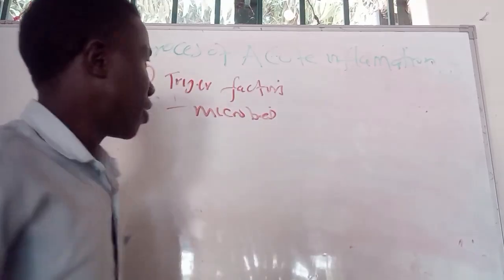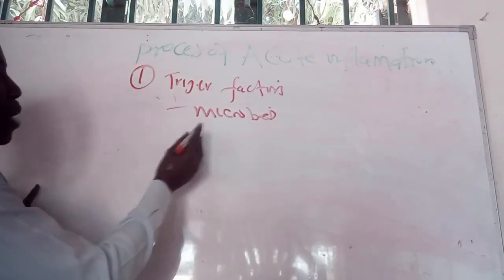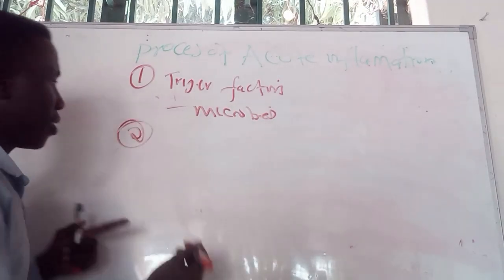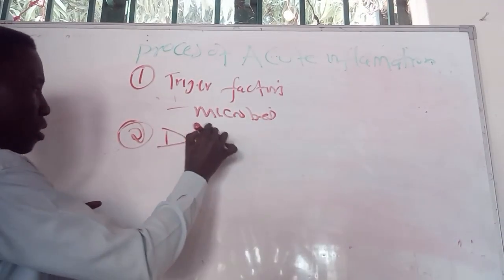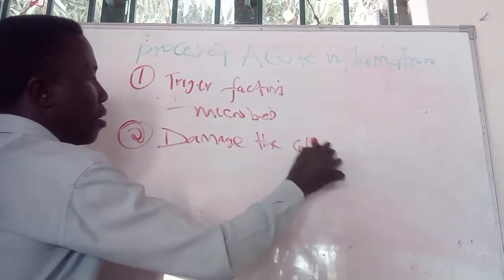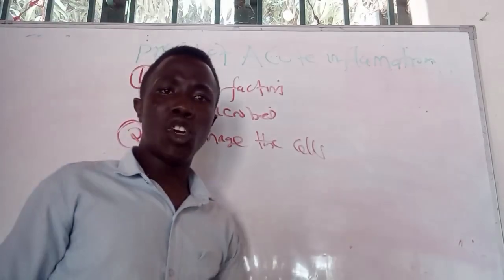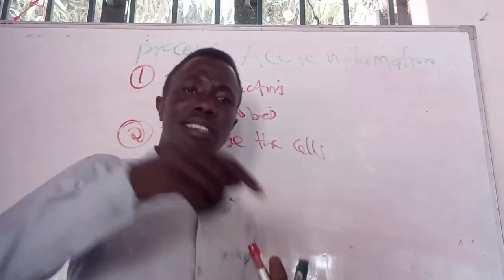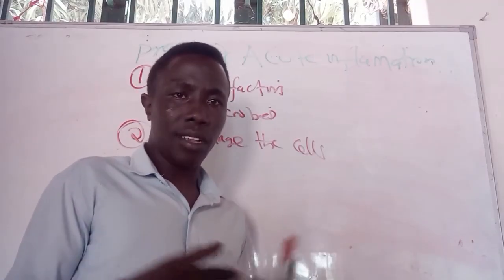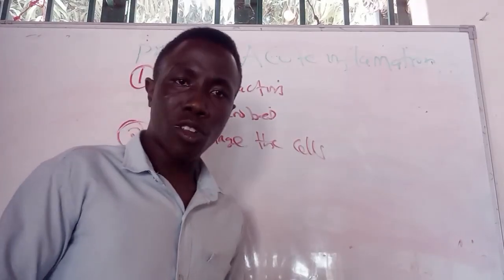Why? Because these trigger factors, like the microorganisms, will go on to damage the cells. They damage your body cells. Once your body cells are damaged, they release chemical substances, which are called the inflammatory mediators.